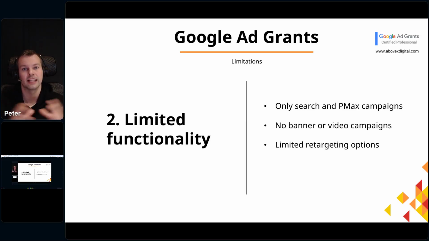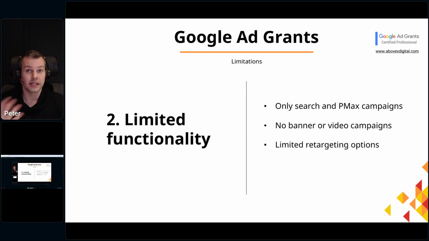They're just not available in Ad Grants accounts, unfortunately. I've heard some rumors that some type of banner ads within YouTube might be available to ad grantees at some point, but at this point they're not. So that's a fairly big limitation. It's been like this from the very beginning.